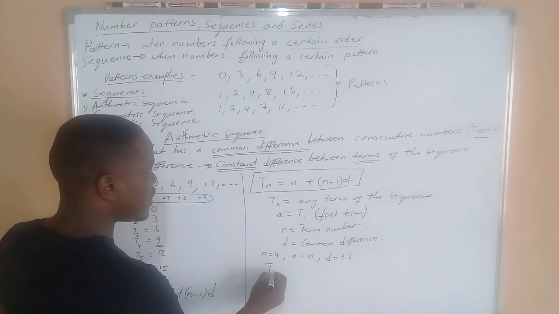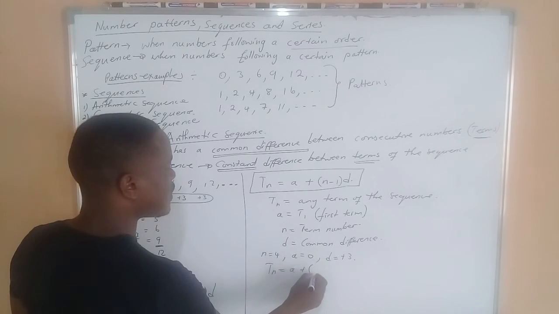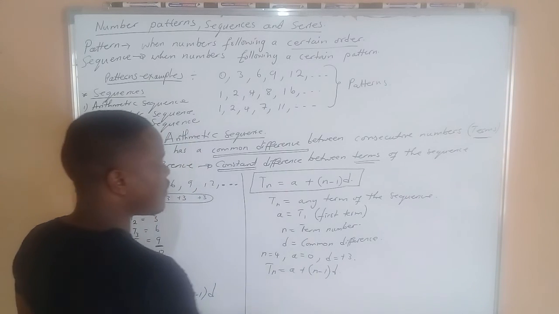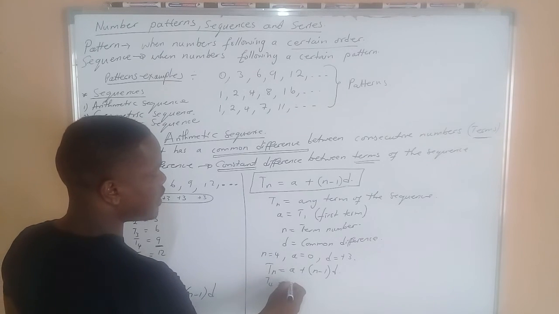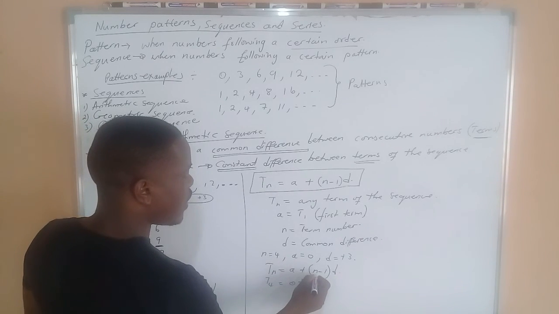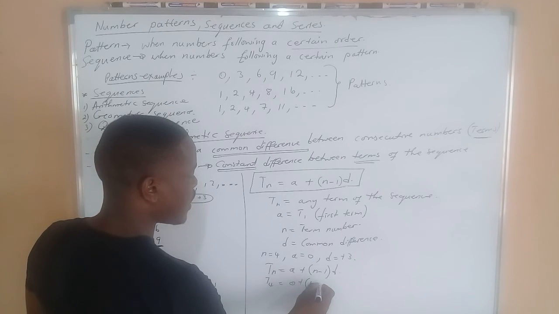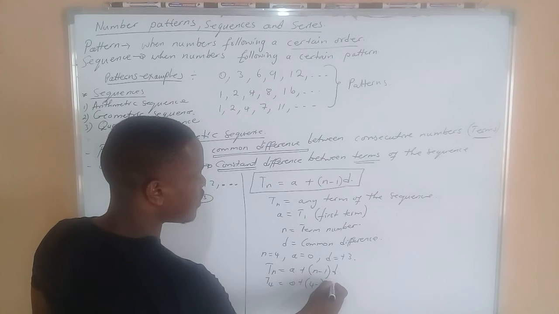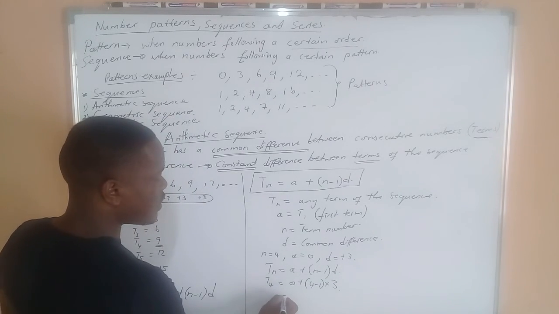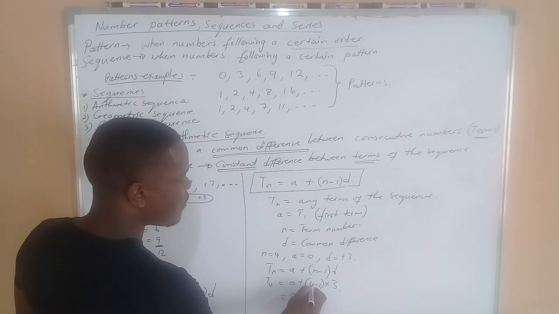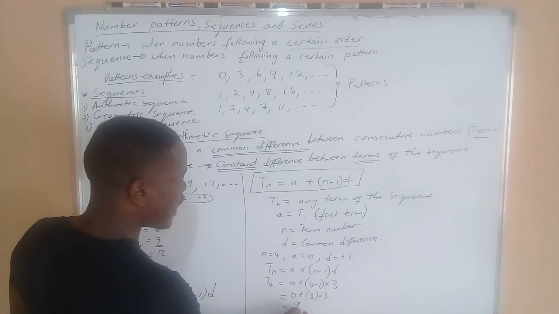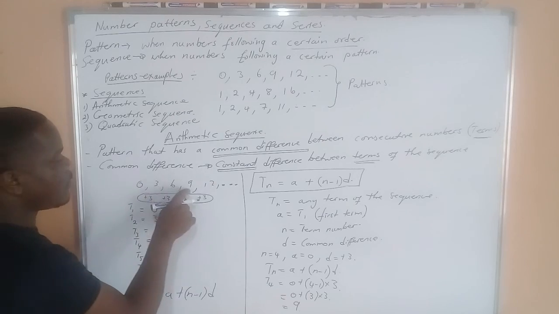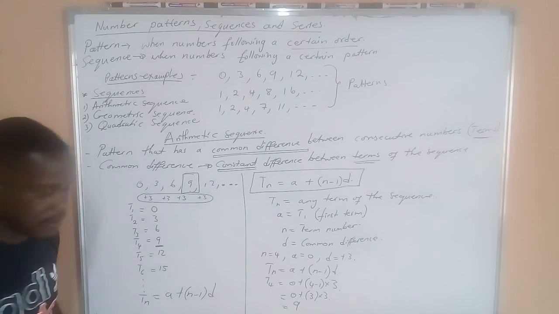Tn equals a plus n minus 1 d. So term 4 is equal to 0 plus 4 minus 1, which is 3, multiplied by 3. So it is 9. Yes, my term 4 is 9.